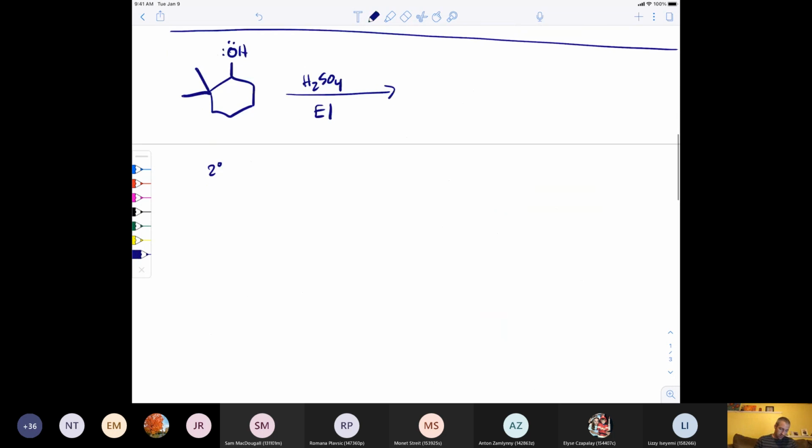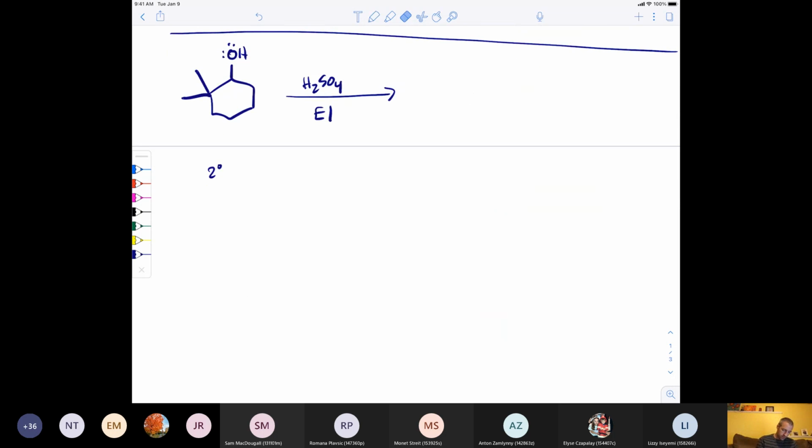So to draw this out, I'm going to start again down here. I'm going to draw out the Lewis structure for sulfuric acid. Get all my lone pairs here.